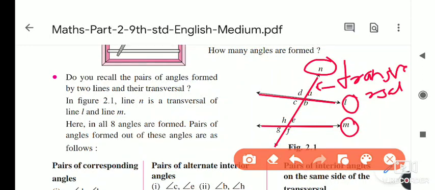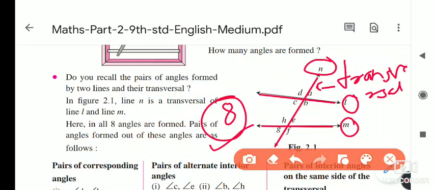If you see here, A, B, C, D, E, F, G, H. Here 8 angles are formed. When two lines are intersected by a transversal, 8 angles are formed.